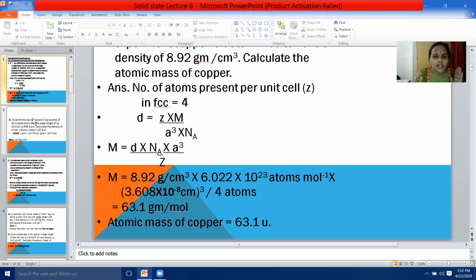We need to take the value a cube, so we'll take 3.608 into 10 raised to minus 8 centimeter whole cube upon 4, as the value of Z here is 4. On substituting these values, we get the answer as 63.1 gram per mole. So the atomic mass of copper comes out to be 63.1 unit. This is how you will work out this problem.